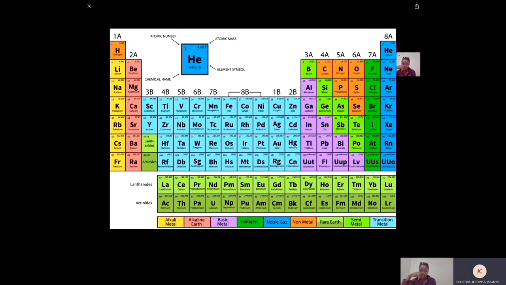Close, close. Neutrons, actually. Yes, protons and neutrons, that's the atomic mass. So why do you think that is, Chimaobi? Why would it be the protons and the neutrons, but not the electrons, in the atomic mass?